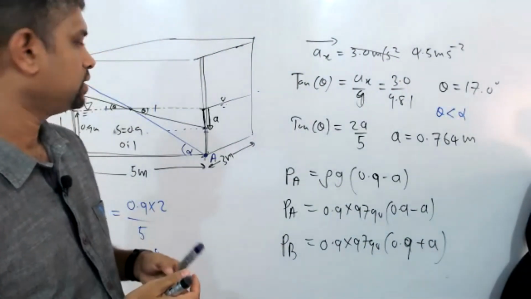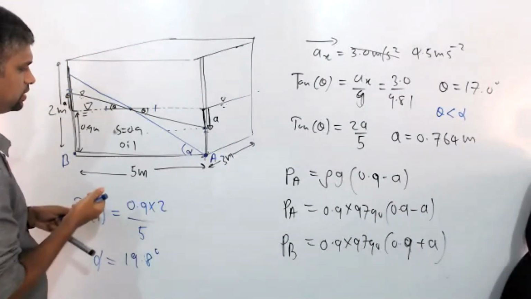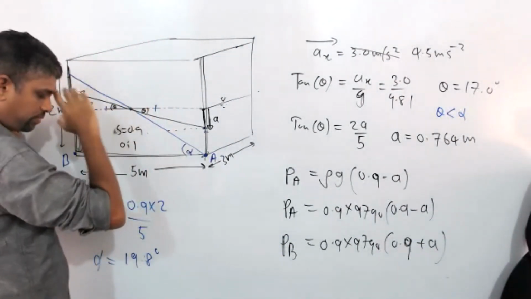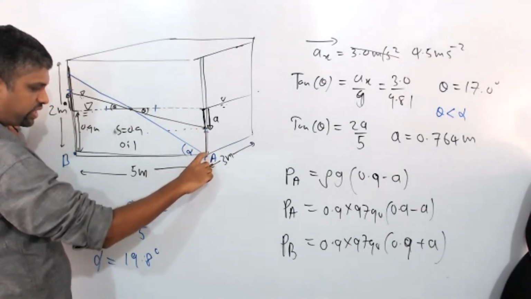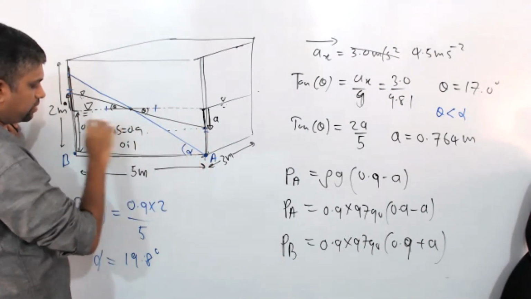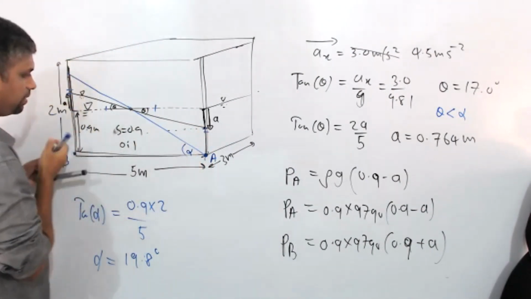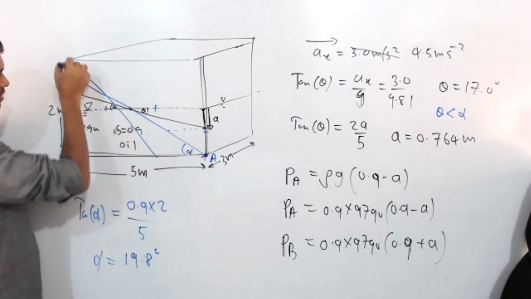Amount of spill. So definitely at this point, if you further accelerate, what happens? This point will go down and hit A. At that time, this point is not at the top, but somewhere you can find a situation like this.